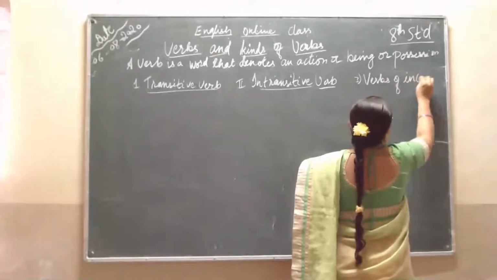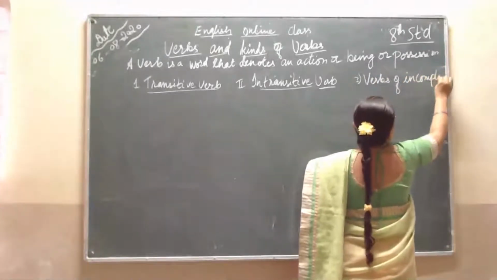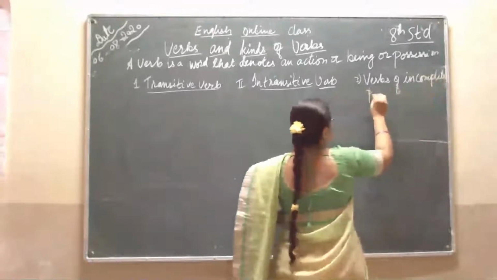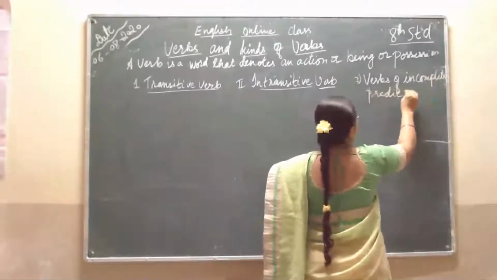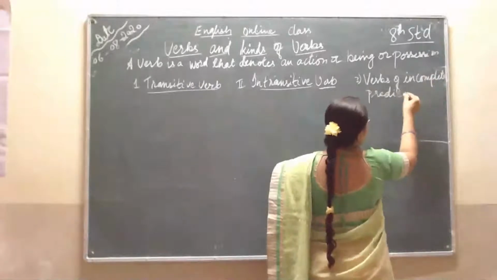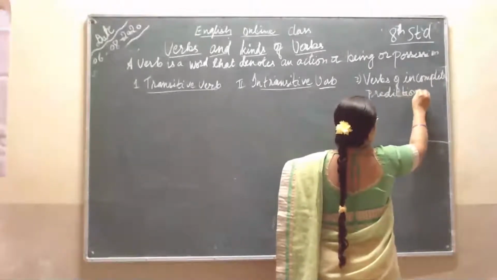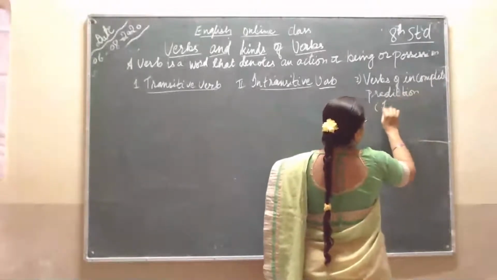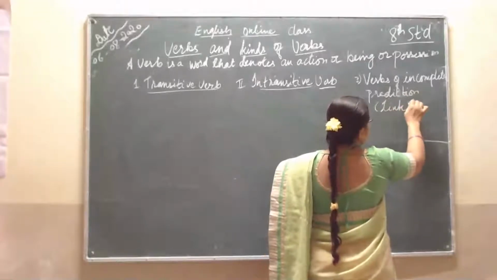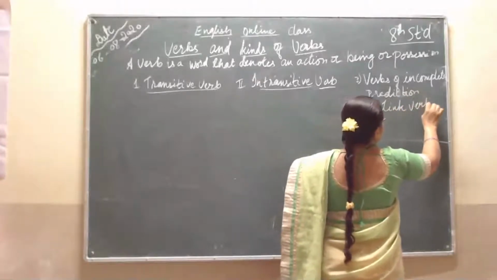Verbs of incomplete predication are also called link verbs.